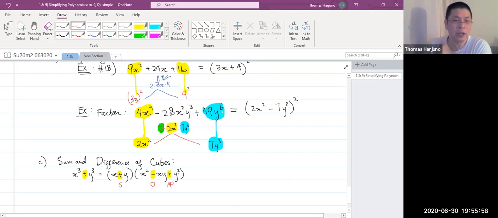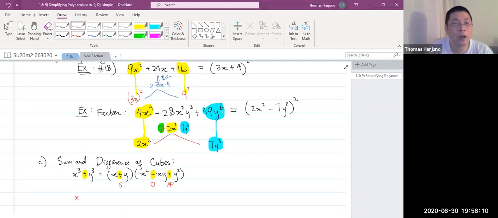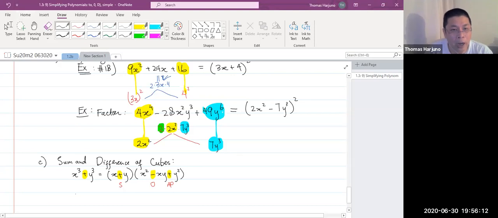So somebody give a mnemonic. Okay, why? Because if later on you have x cubed minus y cubed, then the signs will be minus here, plus here, always positive. Okay, that's the pattern.